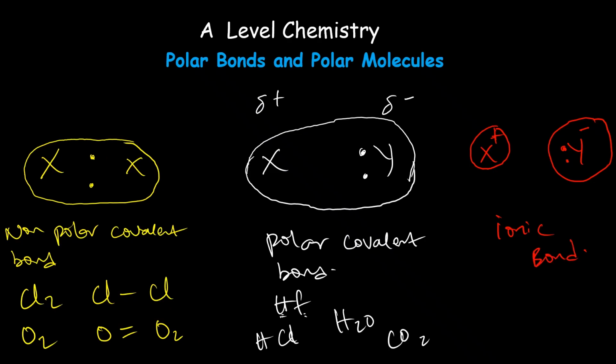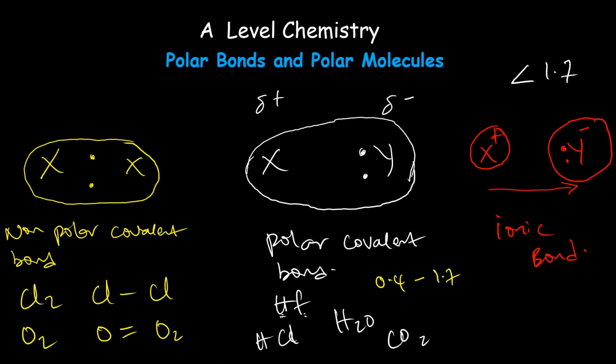So now what happened here is that the electronegativity difference between these two is greater than 1.7, right? But in a polar covalent bond, the electronegativity difference is between the range of 0.4 to 1.7.